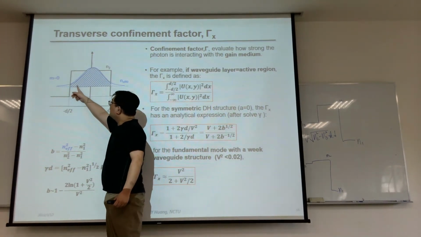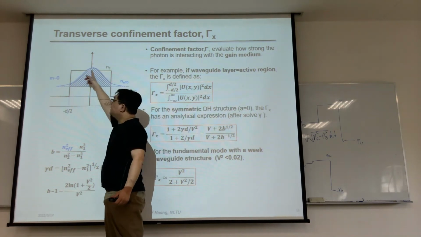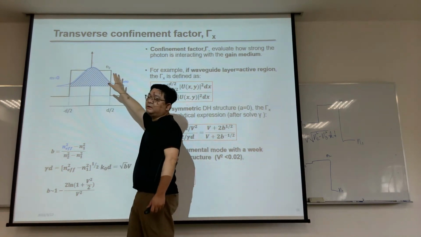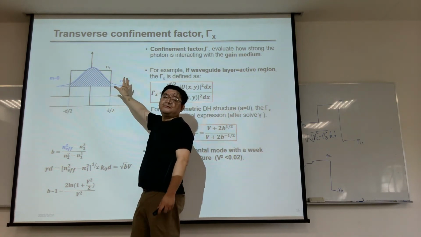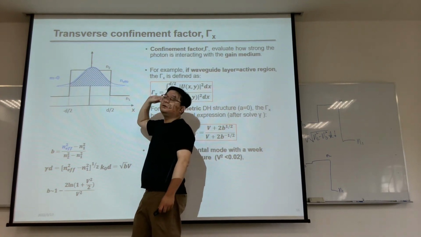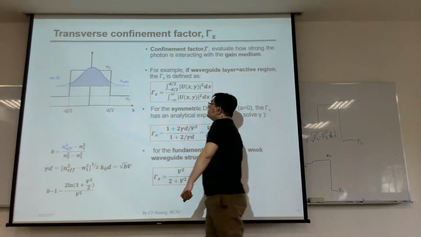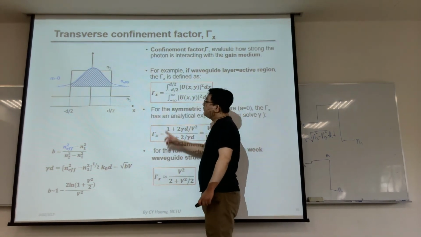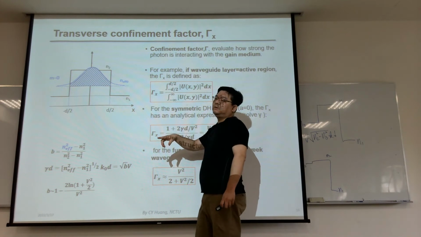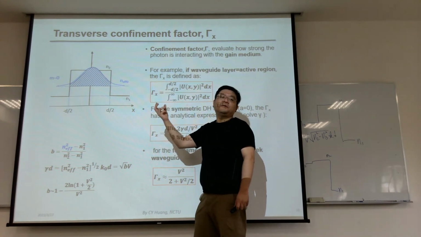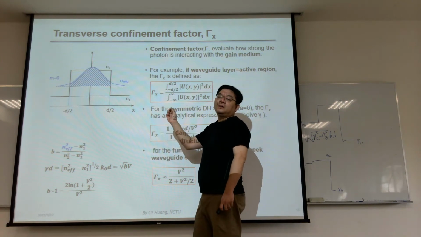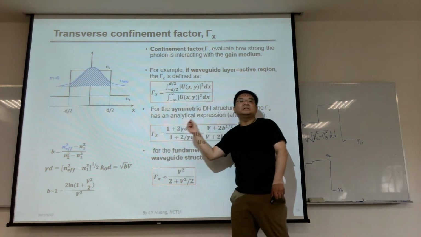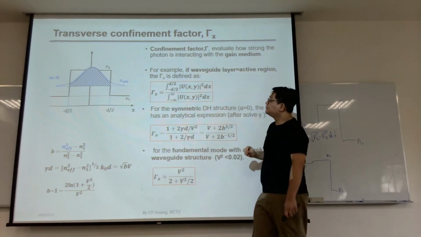Only the field intensity within the waveguide could be regarded as a photon trapped in the particular mode. And the number of photons is the energy of the photon.